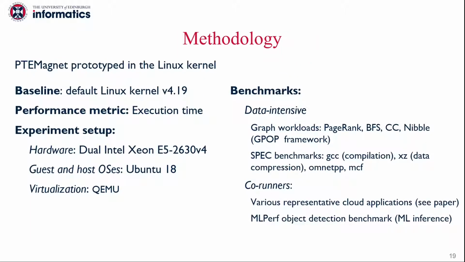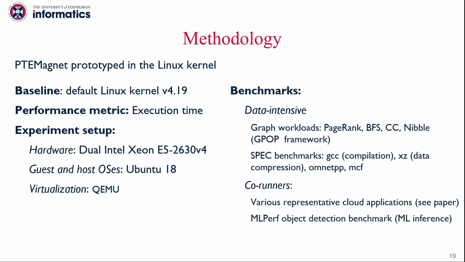We prototyped PTEMagnet in the Linux kernel and compared it with the default Linux memory allocator. As a metric of performance, we measured execution time on a dual Intel Xeon-based server running Ubuntu 18. We used QEMU to run a virtual machine.